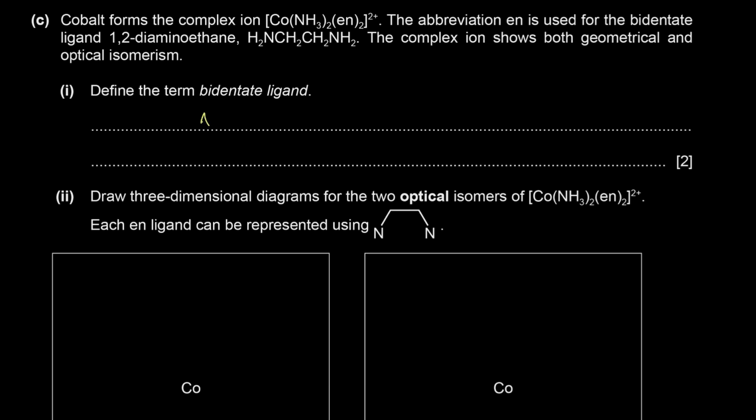Now, a bidentate ligand is a species, right? First, we just define ligand. A ligand is a species that forms dative bonds with a central metal ion.